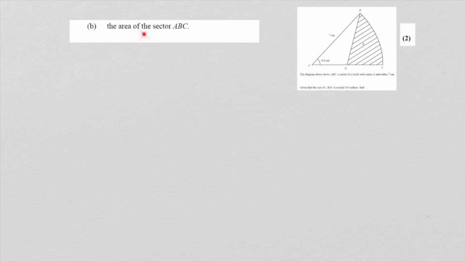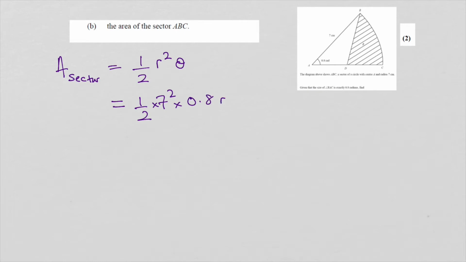Now we are to find the area of the sector ABC. The area of a sector is a half r squared times theta, and that is a half times 7 squared times 0.8 radians, and that equals 49 over 2 times 0.8.